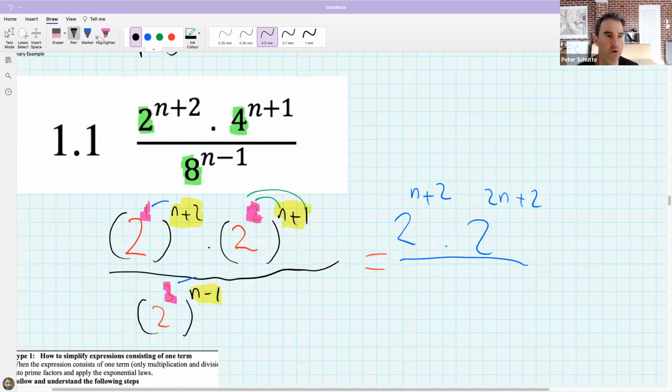And so if you know that, the same thing should happen on the bottom here, you should go 3n minus 3. So let me put this back here so you can see it. 2 to the 1, 2 to the 3, 2 to the 2. So if you know that that's how they must be, then try and see if you get to the final answer and see what you get.